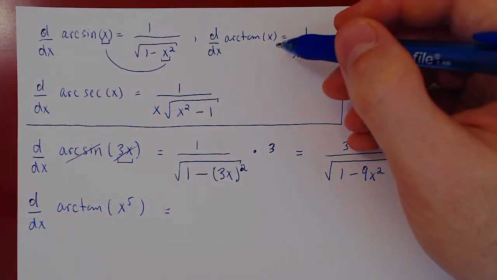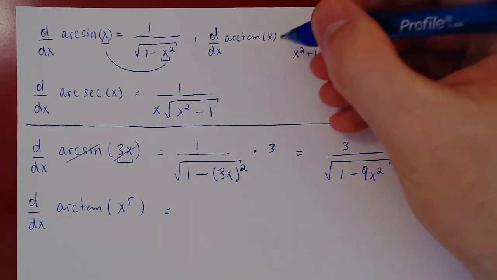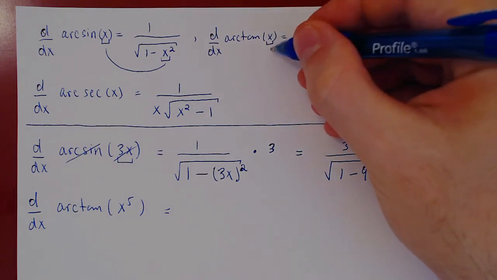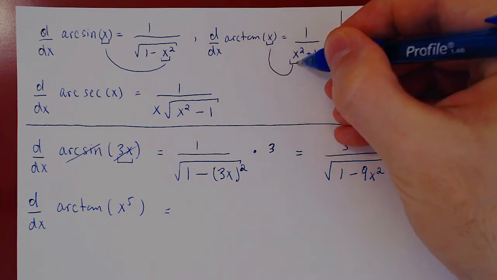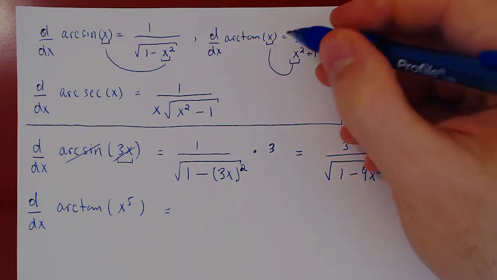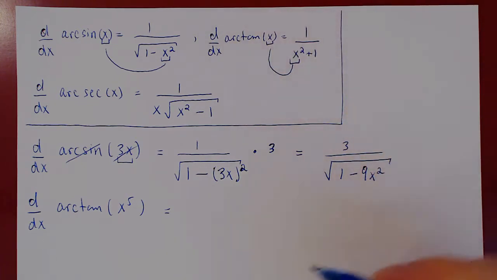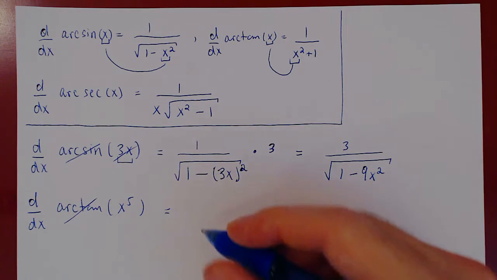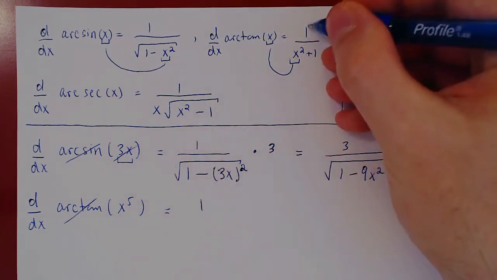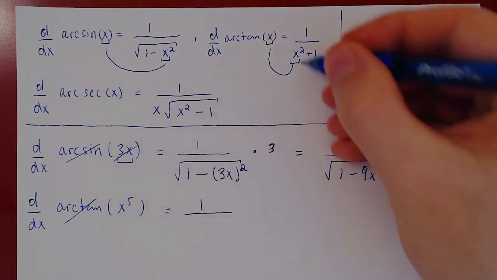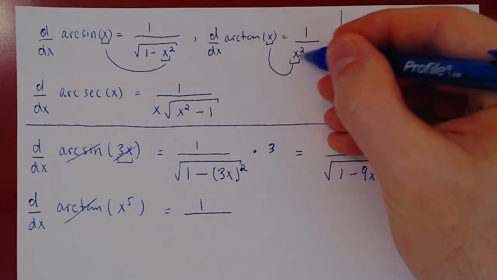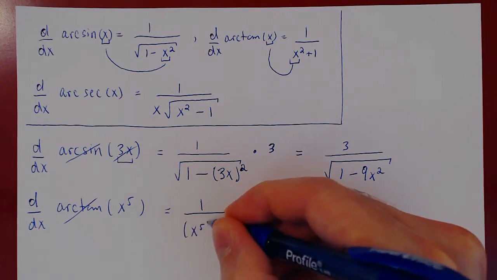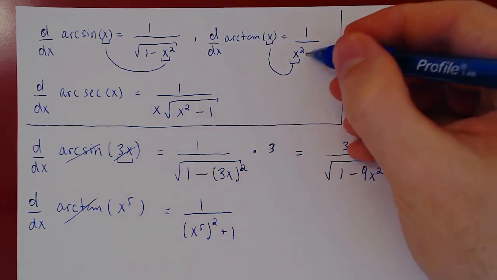If you look at the formula for the derivative of arctan of x, what you will get is 1 over the argument squared plus 1. And this holds for any variable, so here we have to be careful. We differentiate the outside function, arctangent, and the derivative of arctangent is 1 over the argument squared plus 1. Well, here the argument is x to the 5. So it's x to the 5 squared plus 1.